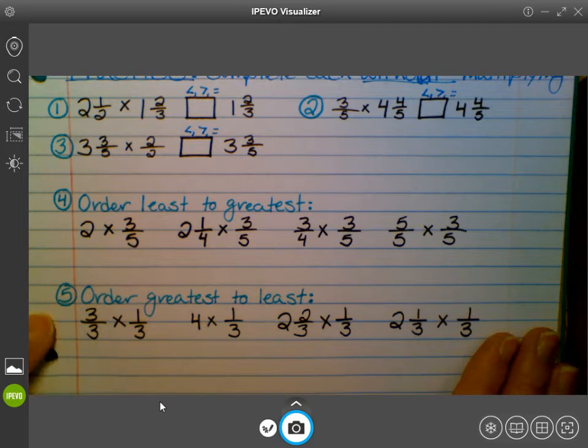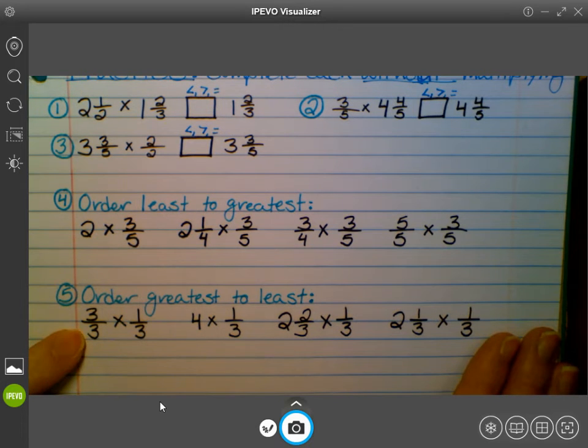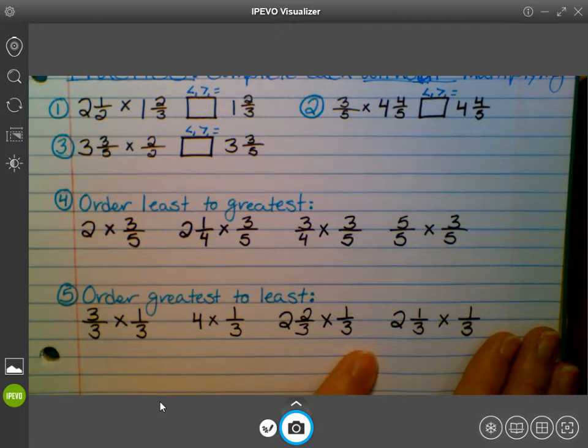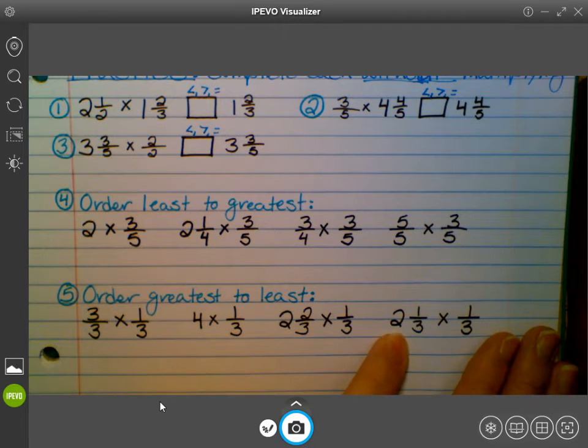Then for number 5, ordering greatest to least, we have 3/3 times 1/3, 4 times 1/3, 2 2/3 times 1/3, and 2 1/3 times 1/3.